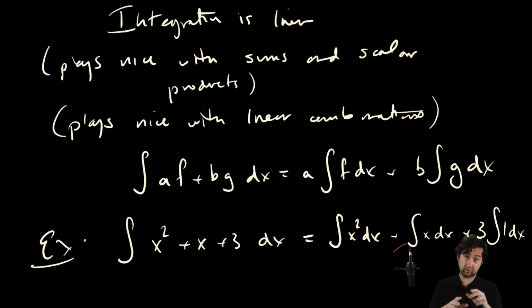So you've actually taken the integral and you've applied it to each individual piece of the polynomial. And as long as we have scalar products and sums, this is a very nice way to compute integrals. So the issue happens when we have to deal with products. So what about products of functions?